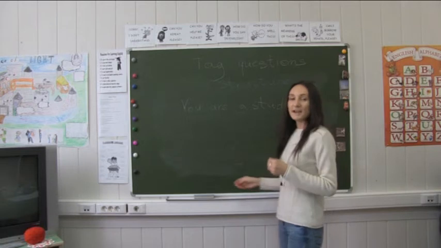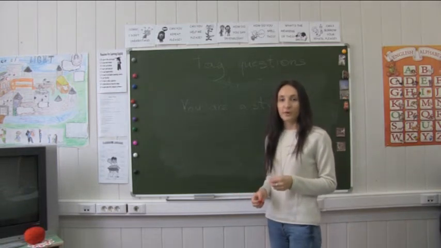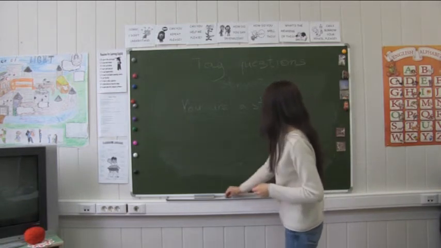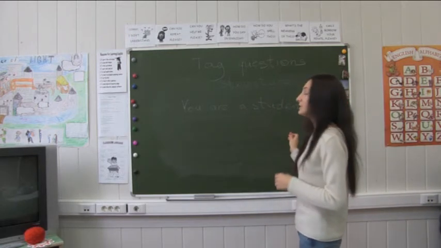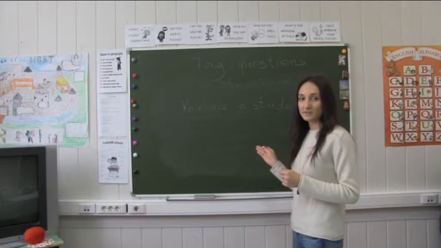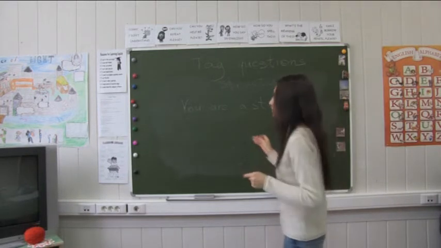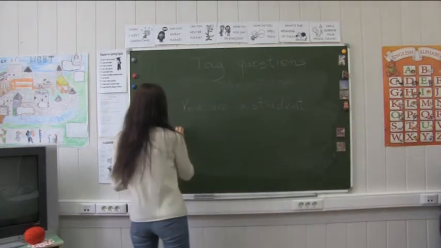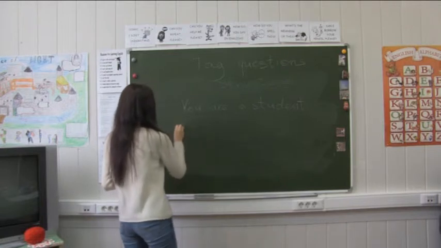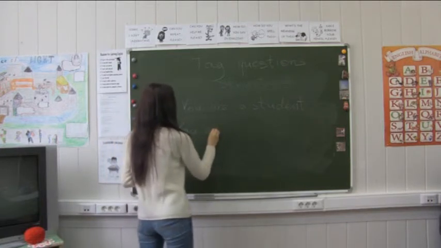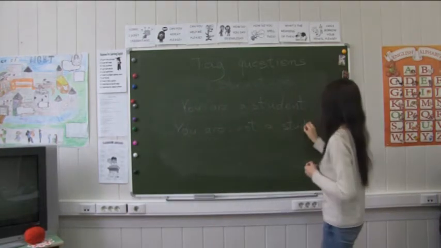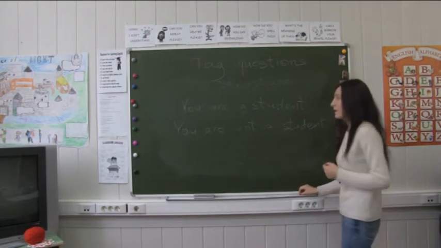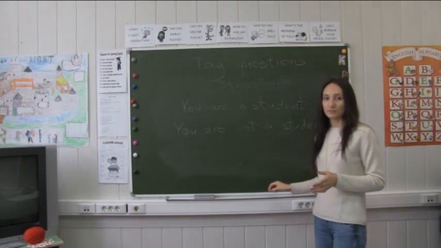So to make tag questions, you need an auxiliary verb, except the case with to be, which we will look at now. So, you are a student. And how to make a negative sentence with this? Right, you are not a student. So, let's write this. You are not a student. And how to make a question?